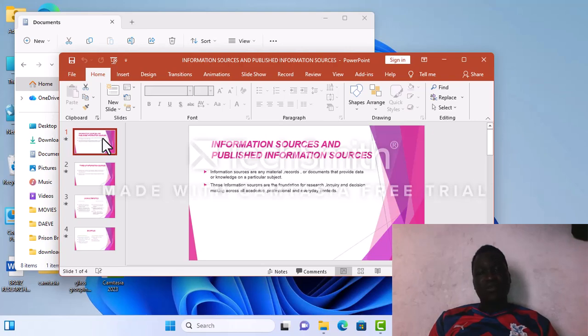Documents, maybe books, articles, can provide data and knowledge on a particular subject of your study. These information sources are the foundation of research.